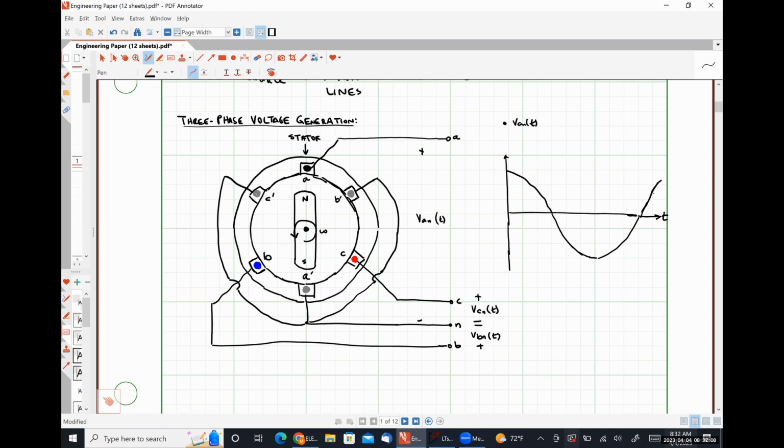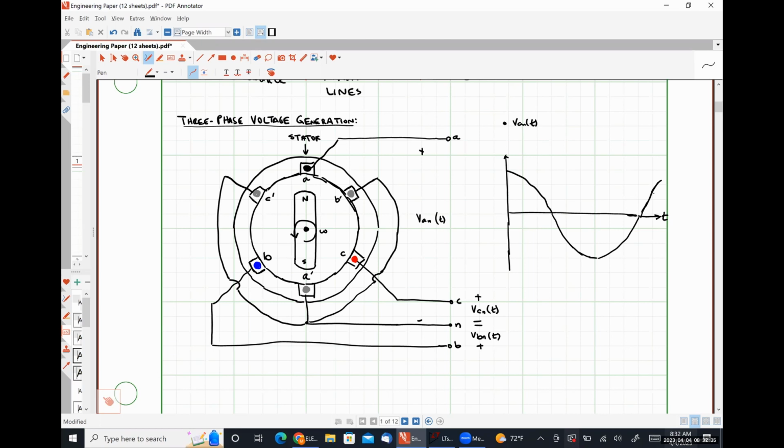VBN is going to be literally the exact same shape, but because our magnet has to turn 120 degrees to reach B, that means that our voltage VBN is going to lag VAN by 120 degrees. So the exact same thing is happening, but it's happening later in time.